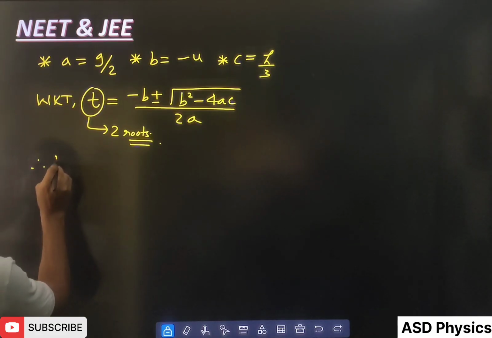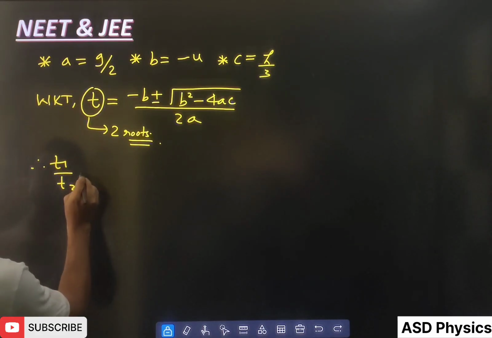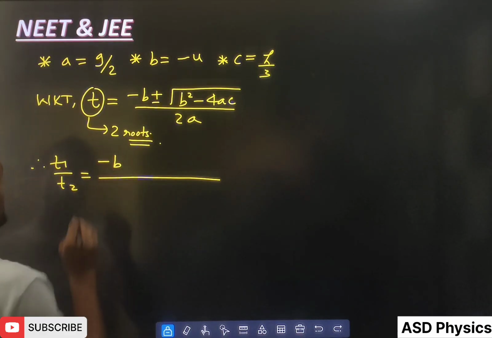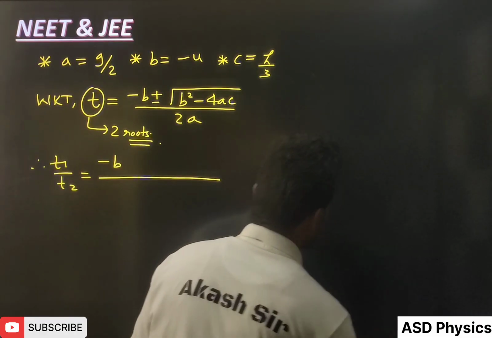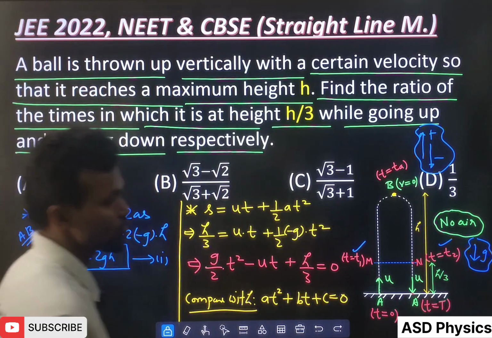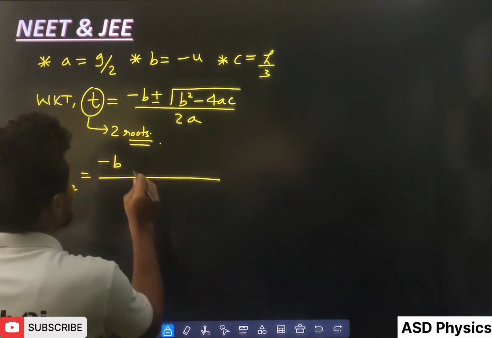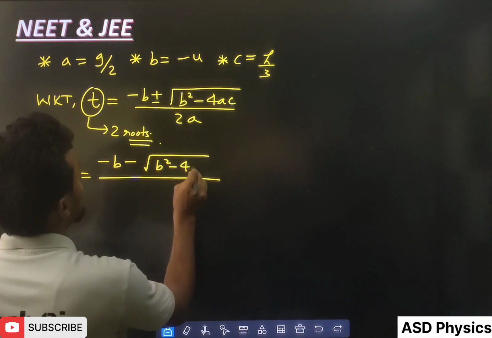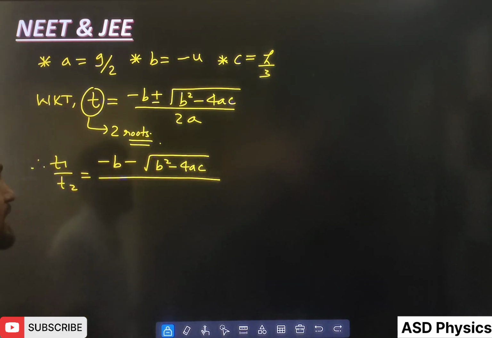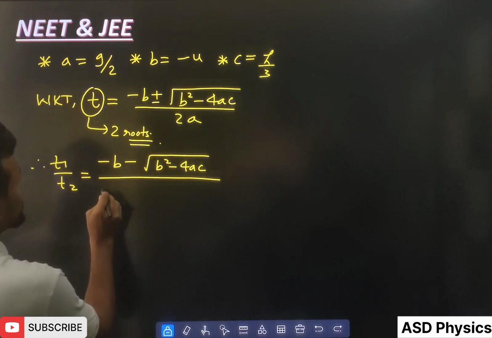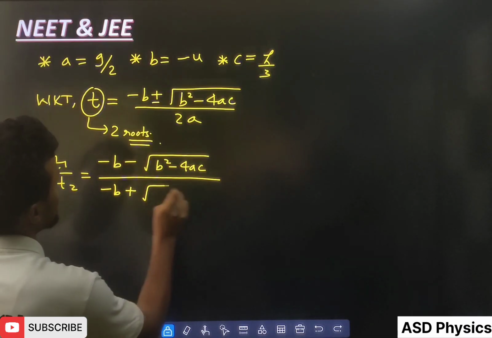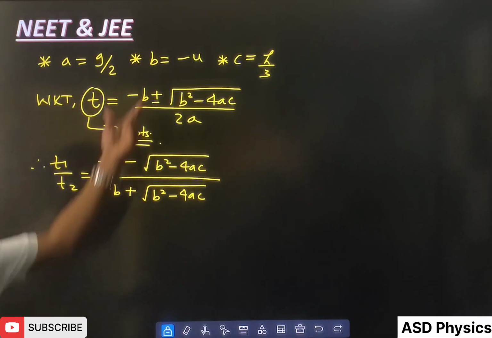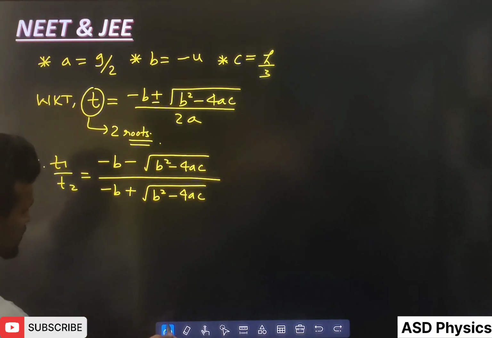So if I write the ratio t1 by t2, t1 value is less, so I will put the minus sign: minus b minus square root of b square minus 4ac by 2a. After that, for the t2 value I have taken the plus sign: minus b plus square root of b square minus 4ac by 2a. Now let's put these values, then the question will be solved very easily.